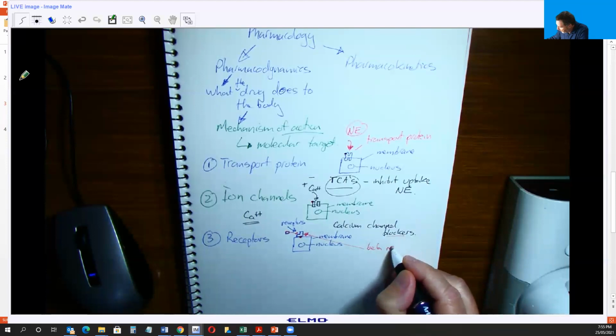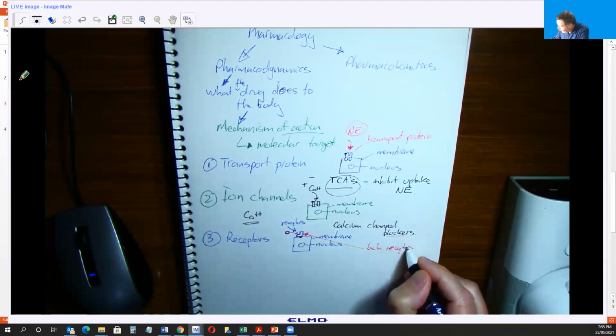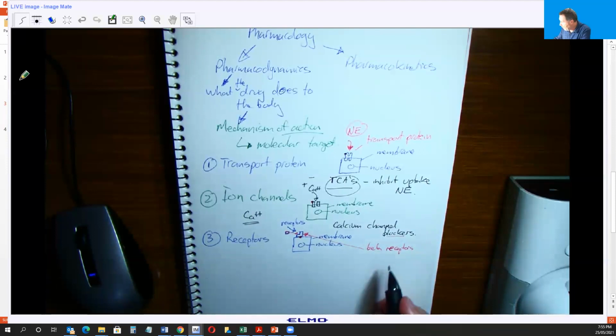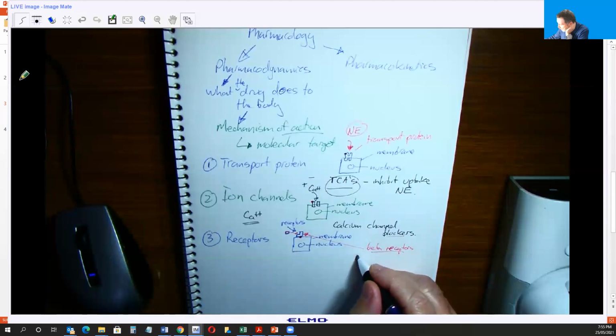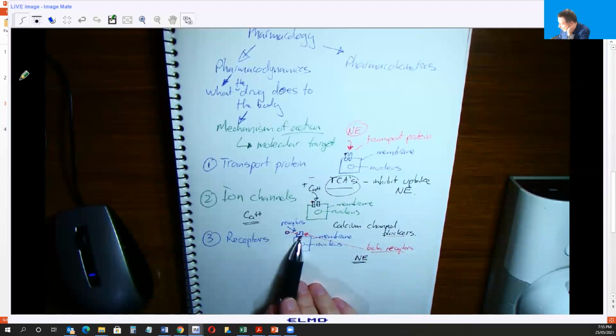Beta receptors can perfectly accept the substance adrenaline, or commonly we can call that in the body norepinephrine, NE. So there are receptors on the surface of our cells that are beta receptors, and they accept norepinephrine to bind in there and cause an effect.